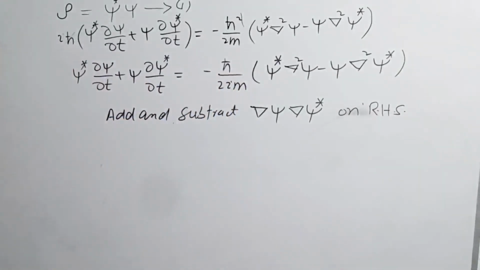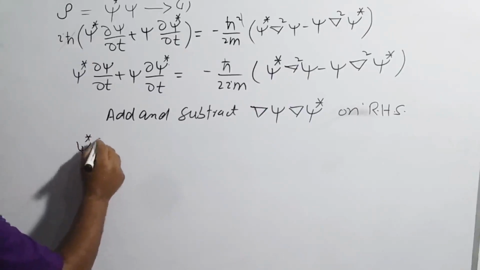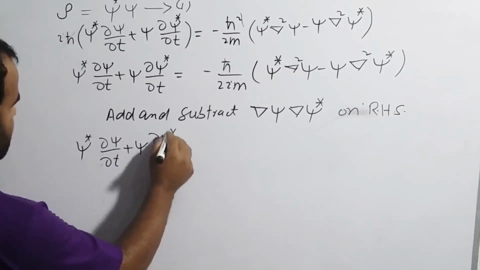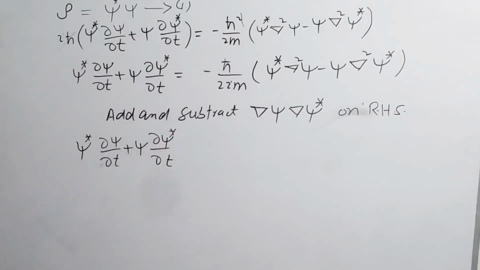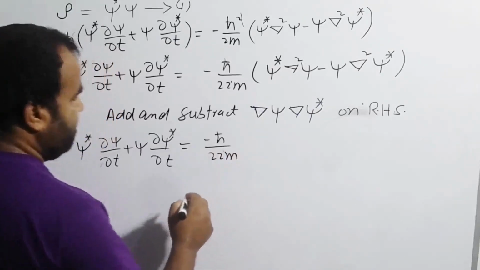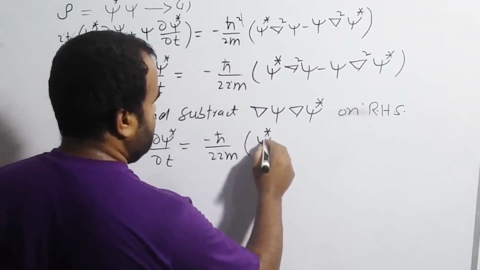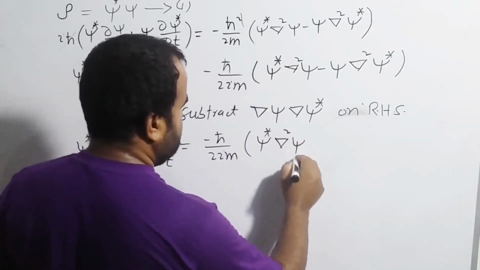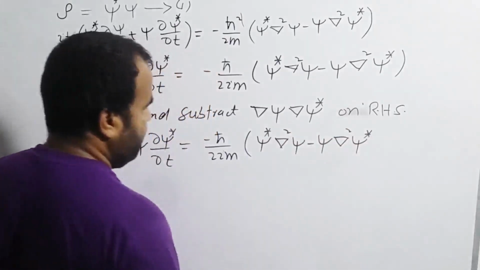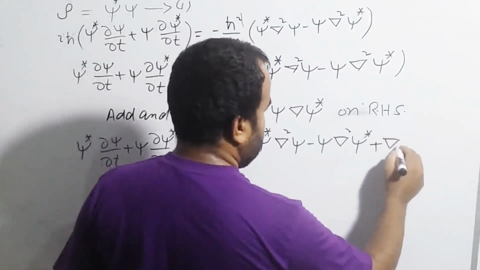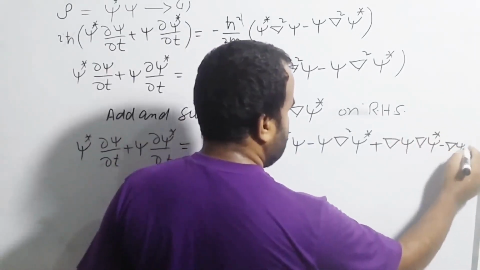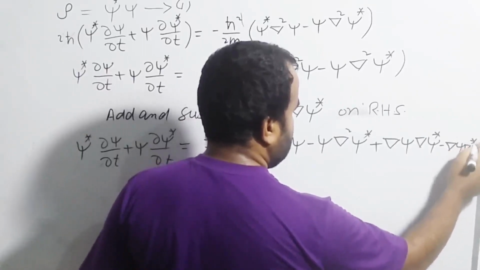So it will be psi star partial psi divided by partial t plus psi partial psi star divided by partial t is equal to minus h cut divided by 2 iota m into psi star del square psi minus psi del square psi star plus del psi star minus del psi and del psi star.